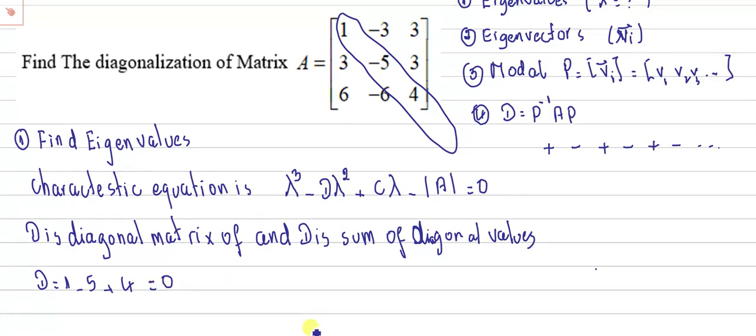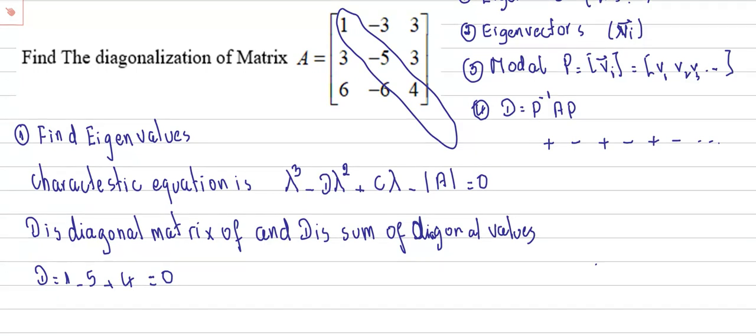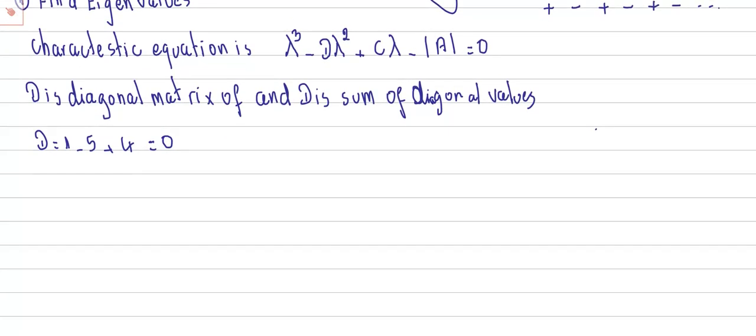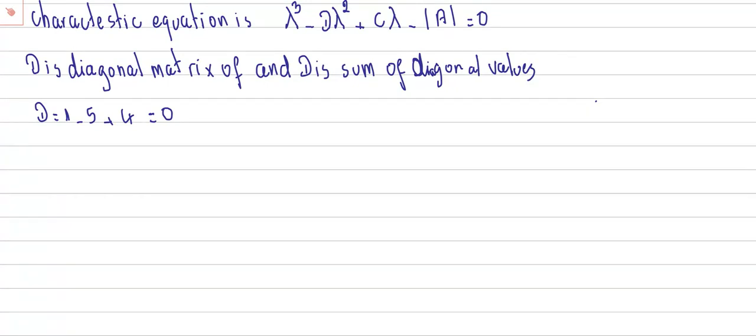And next we find C. C here is the cofactor of matrix A. C is equal to C11 plus C22 plus C33.